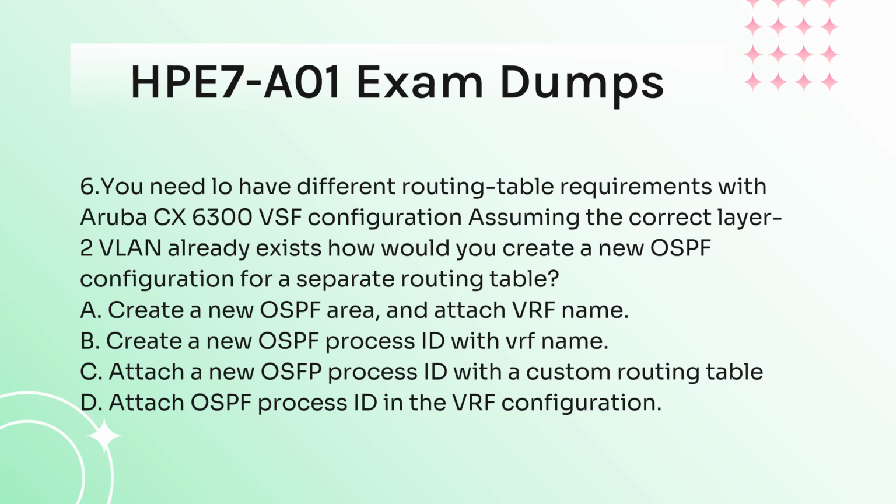A. Create a new OSPF area, and attach VRF name. B. Create a new OSPF process ID with VRF name. C. Attach a new OSPF process ID with a custom routing table. D. Attach OSPF process ID in the VRF configuration.